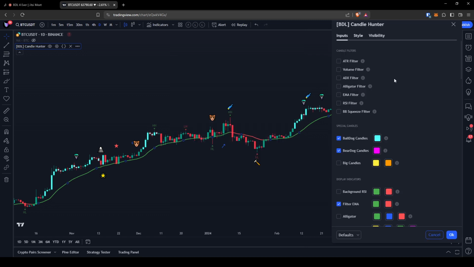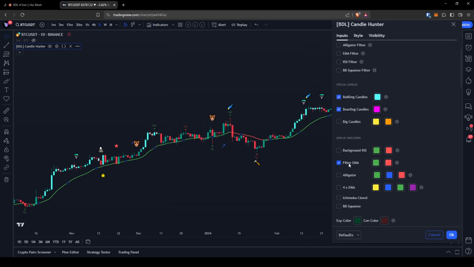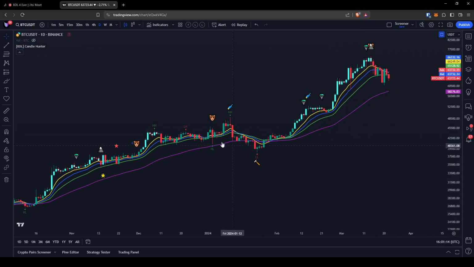Then I remember we were talking about RSI and the alligator last time. Now we would like to check out the 4x EMA. I haven't had a look yet, so what can you tell me about the 4x EMA?